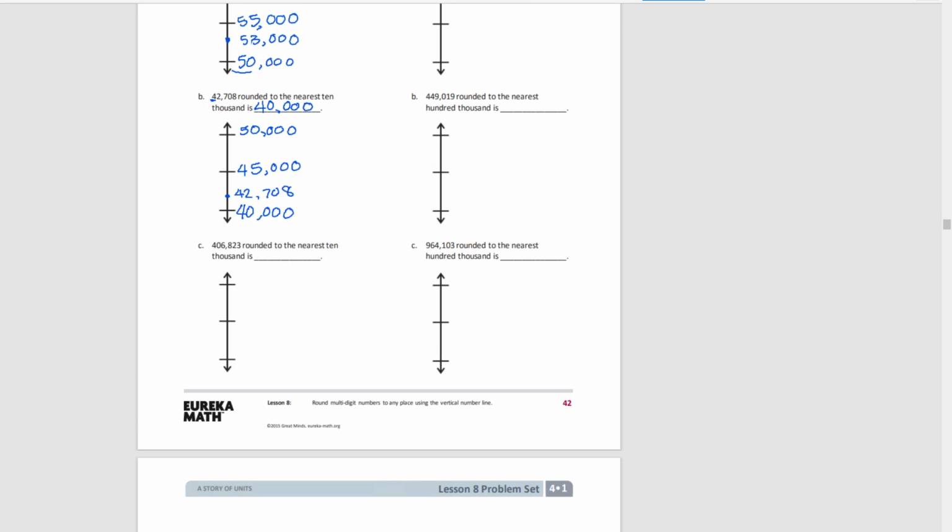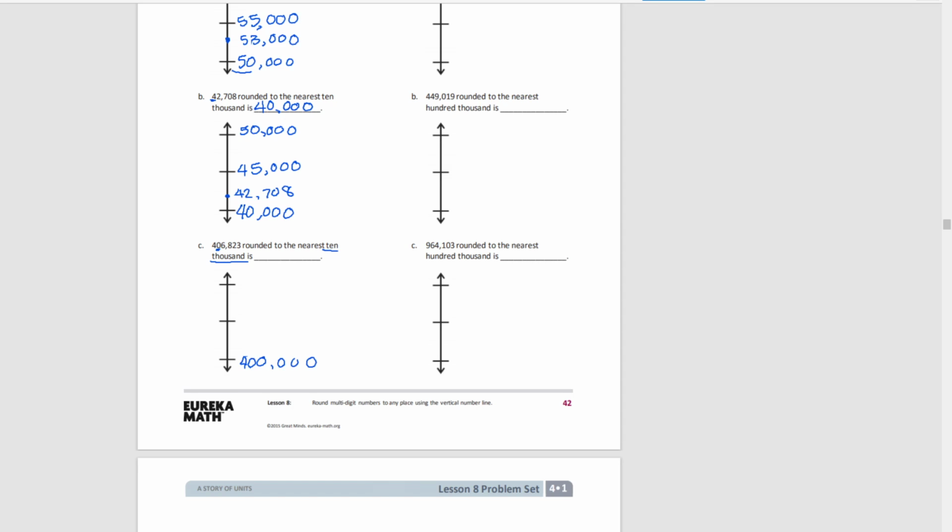Okay, and C, even though this number goes to the 100,000s place, notice it says we're still rounding to the 10,000. So we're rounding to this digit right here. So at the low end, we have 0 10,000s. So the number would be 400,000. At the high end, it would be one more 10,000.